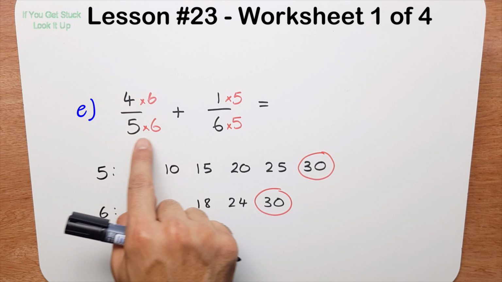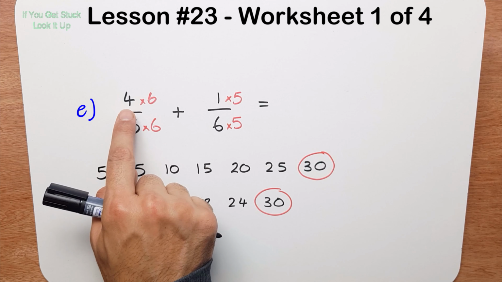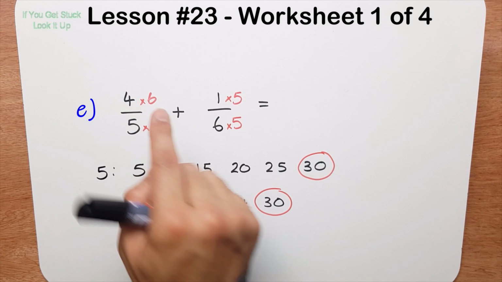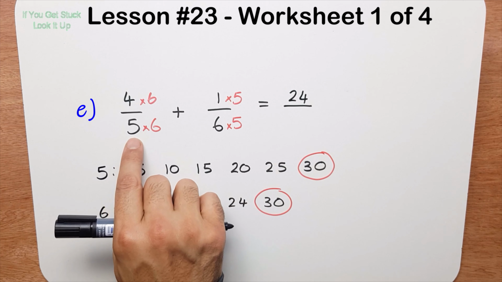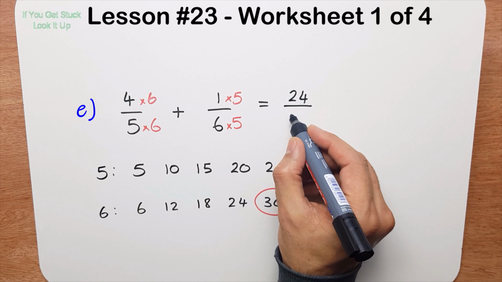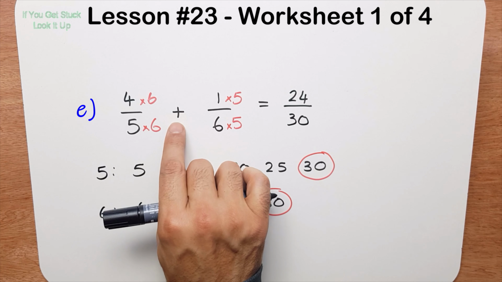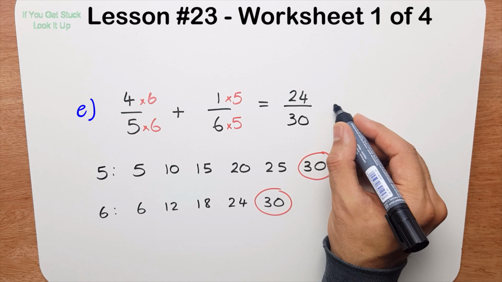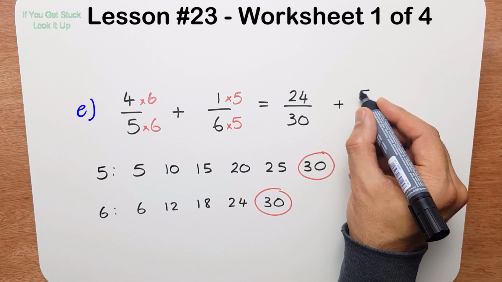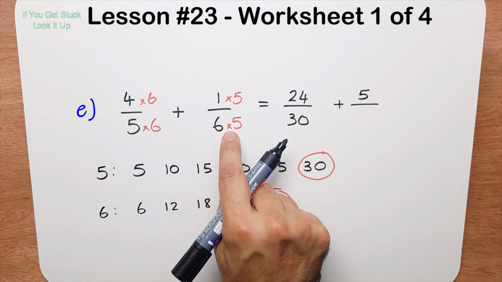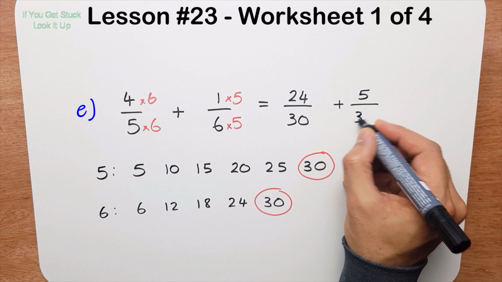So I'm going to concentrate on this fraction. 4 times 6 is 24. 5 times 6 is 30. This plus goes over here. 1 times 5 is 5. 6 times 5 is 30.